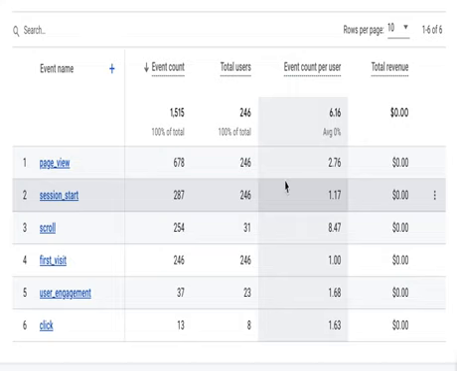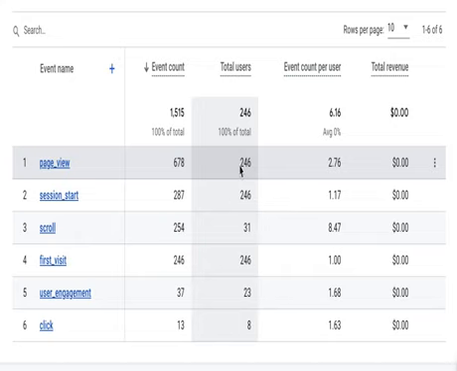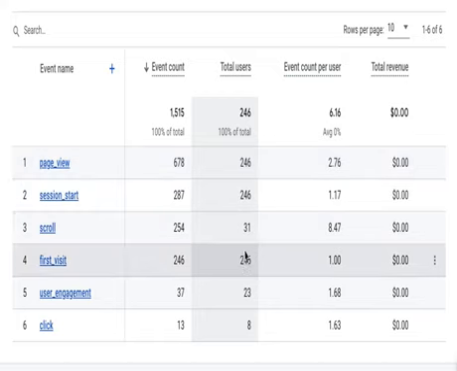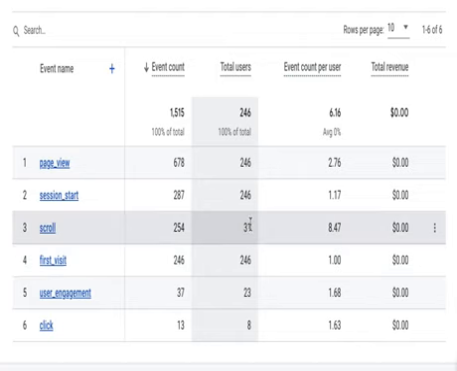What I can decipher so far is when the customer clicks on an ad, a hook, and then they actually click on the landing page. That's what those things mean, the page view and session start, which also would tie with the first visit. And scroll is when they actually scroll down to see more of the copy, to actually read it, whatever it is they decide to do.